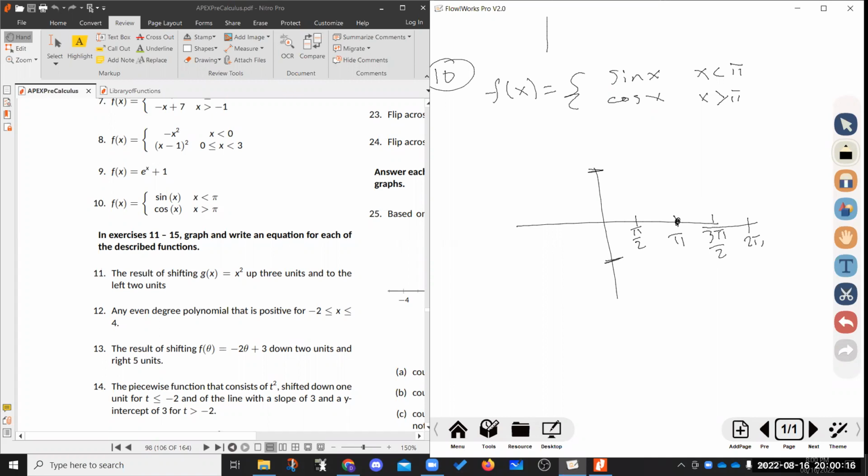So that's going to be sine of pi is going to be 0. That's going to be an open circle there. And our sine value is going to be positive here.